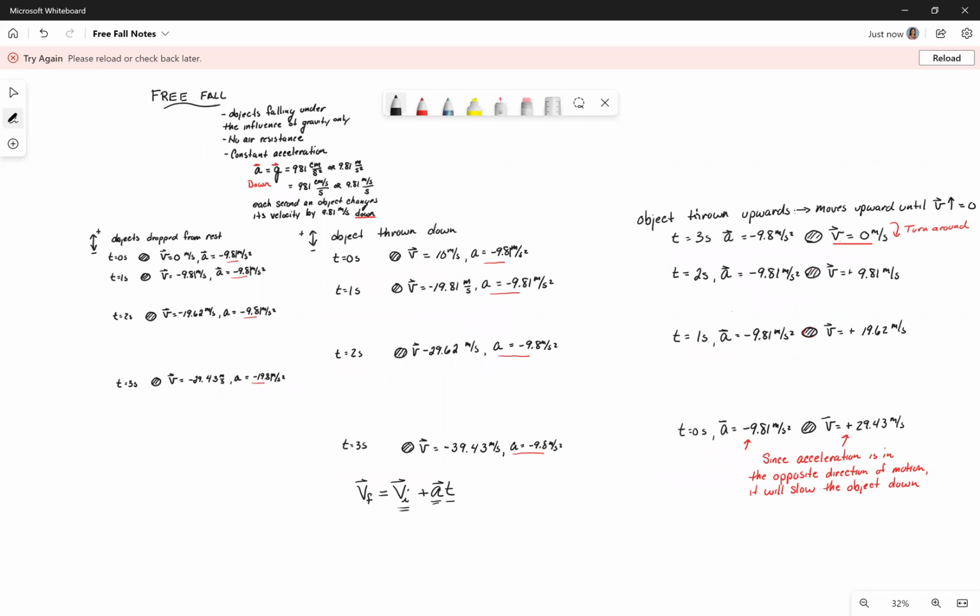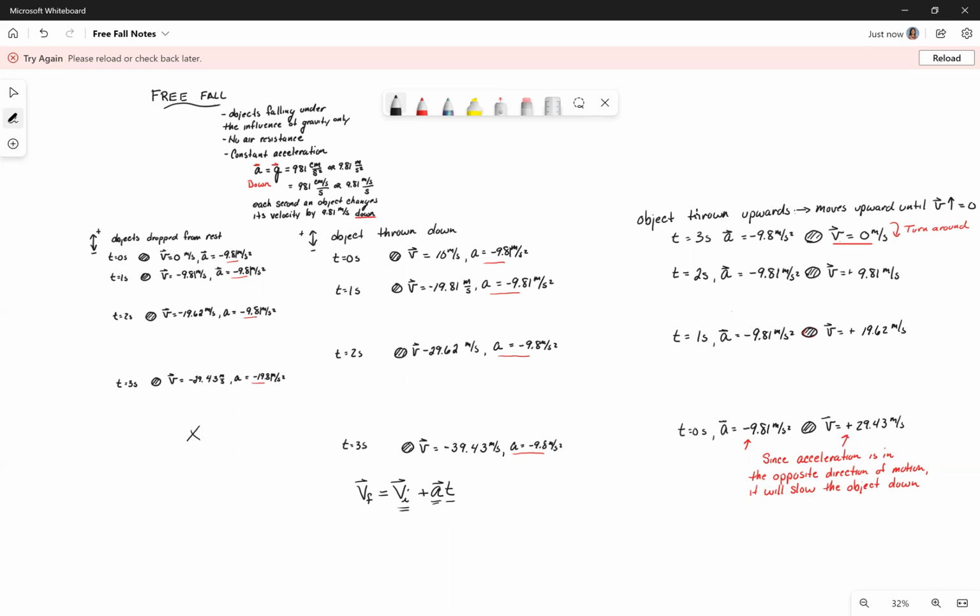When I throw an object up, my acceleration is in the opposite direction, and therefore it's going to slow the object down on its way up to the point where it reaches 0. All objects will go up and up until their velocity equals 0, and then turn around and come back down and follow this same scenario over here. So that's the case of free fall, and that is with the absence of air resistance.